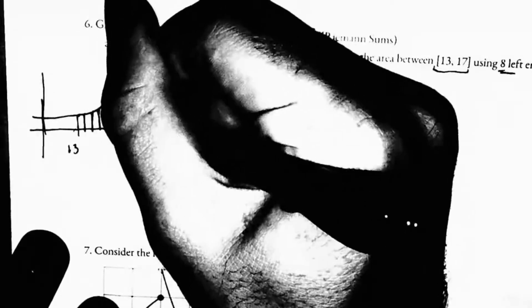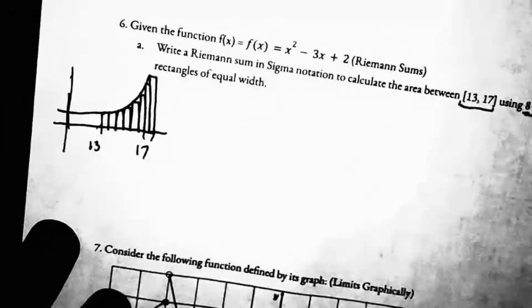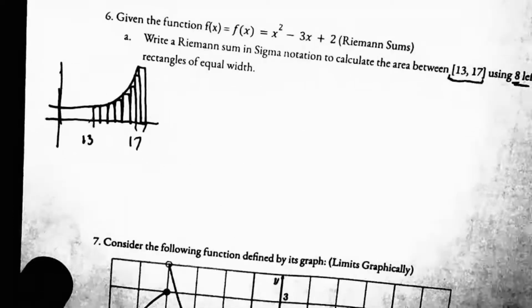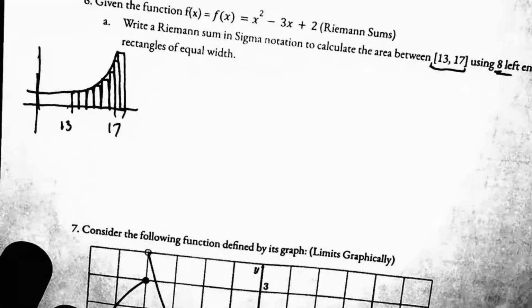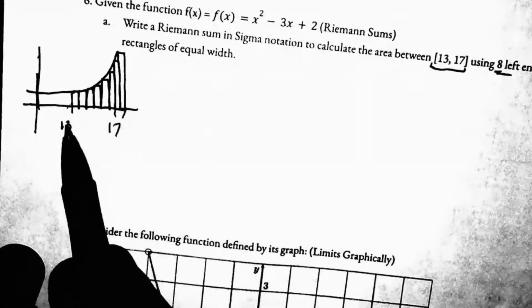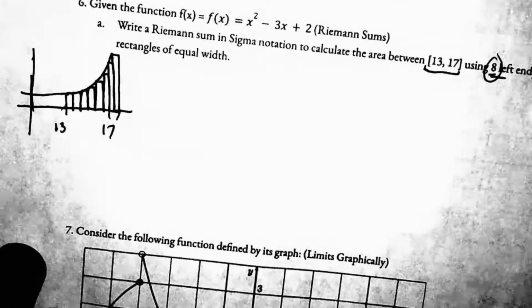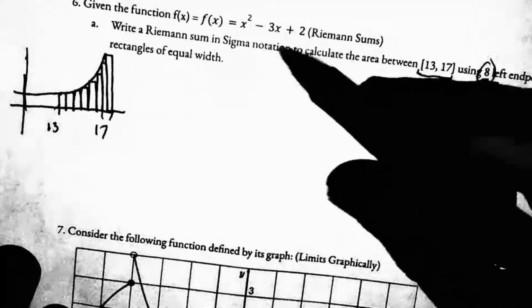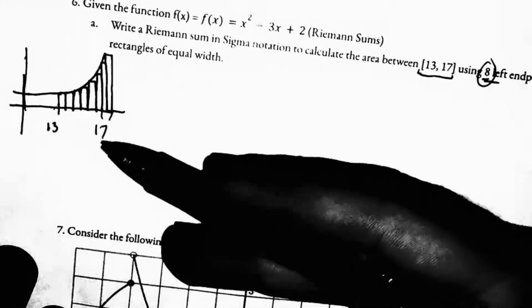So that means I should have 1, 2, 3, 4, 5, 6, 7, 8. Okay, this is roughly what I'm trying to get. I'm trying to add all these up together. So really good starting point, just draw a visual. I should have 8 rectangles, and I should be going from 13 to 17. I'll give you points for doing this.